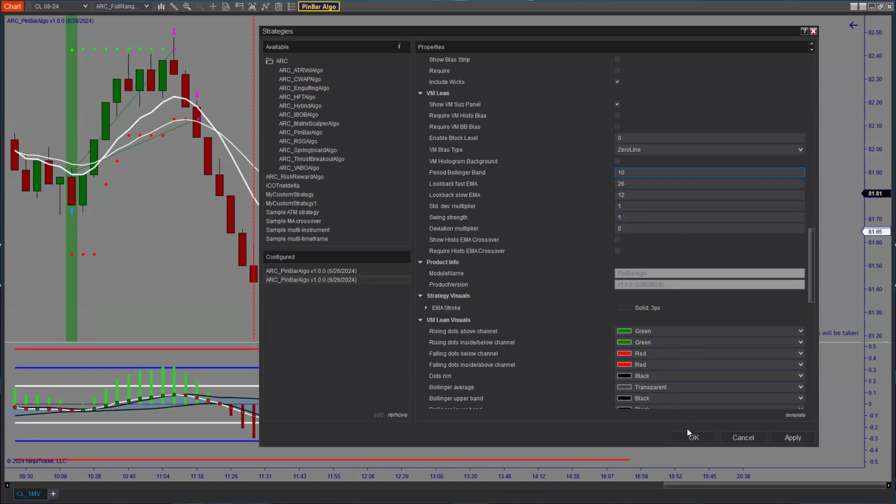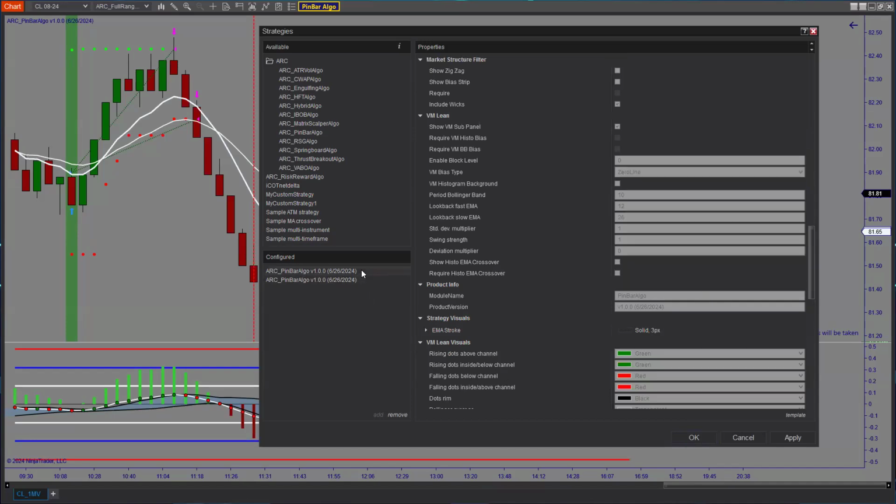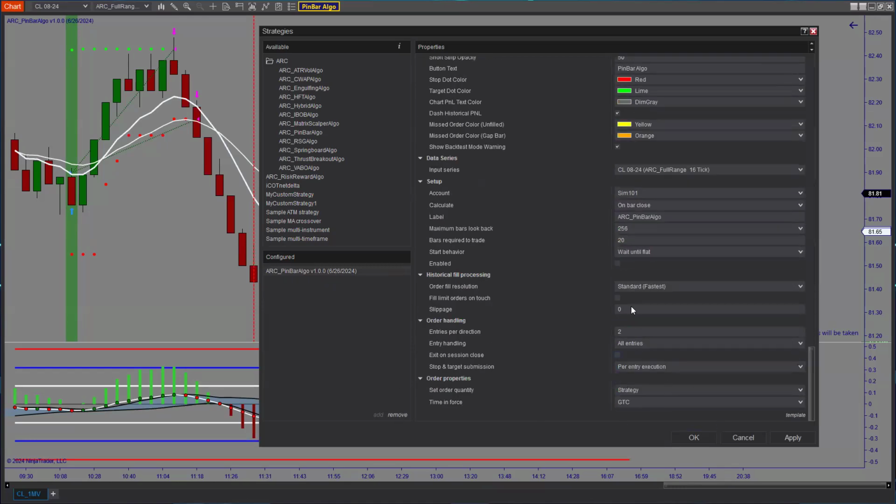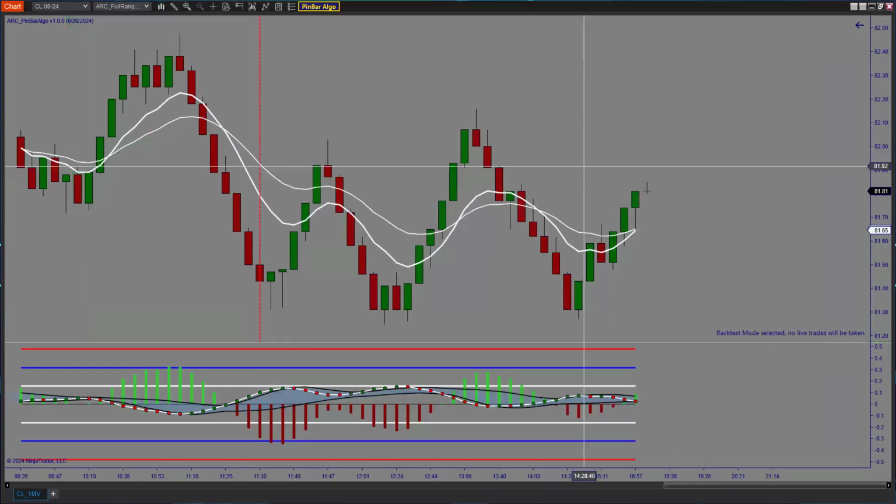If you make the fast, I mean, we should have called it histo 1 and histo 2 instead of histo fast and histo slow. But anyway, if the fast is a bigger look back, meaning it's slower than the slow, then you're taking the opposite. It's just like the way you just explained it for the EMAs.